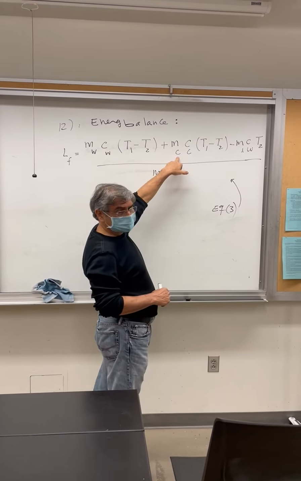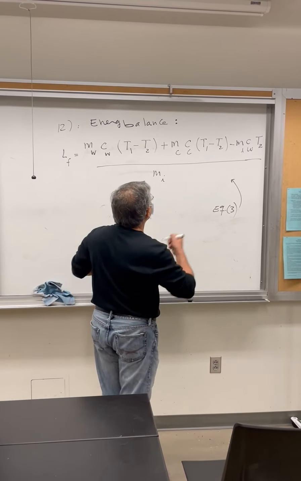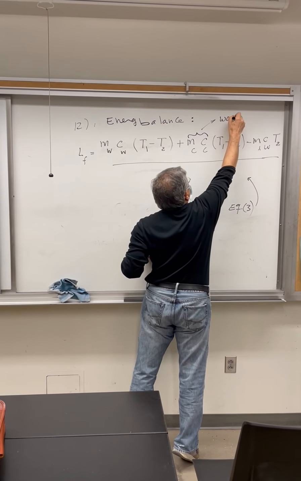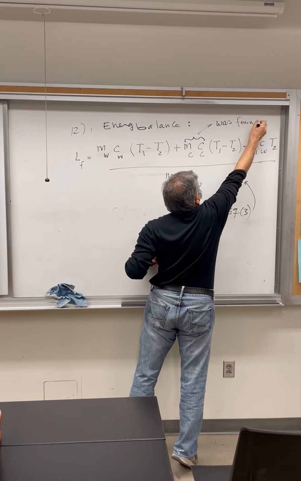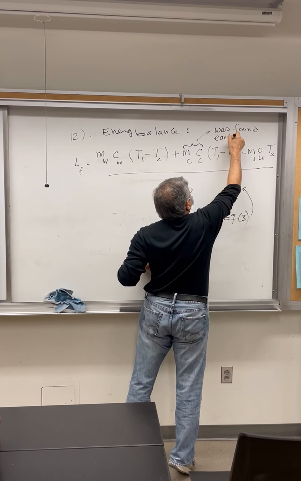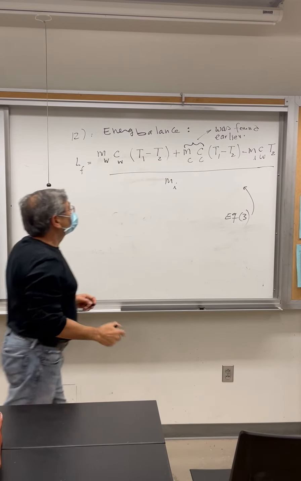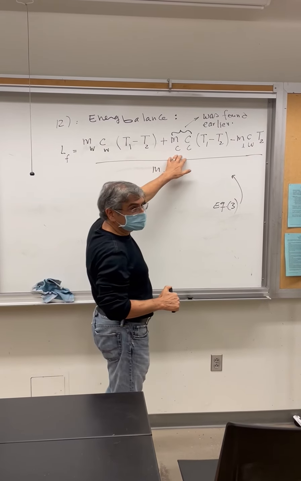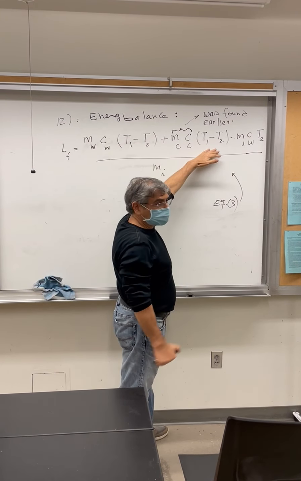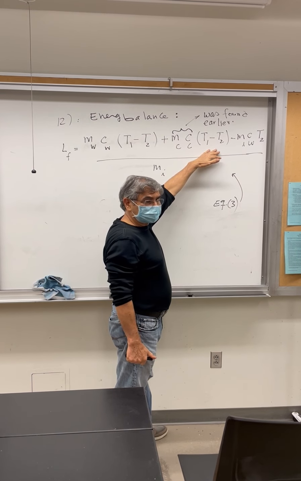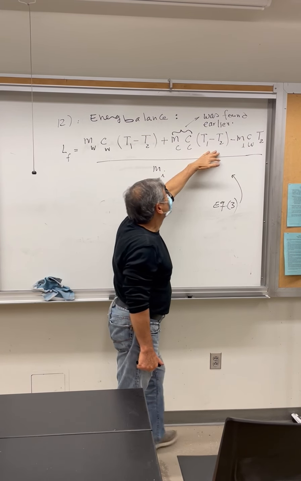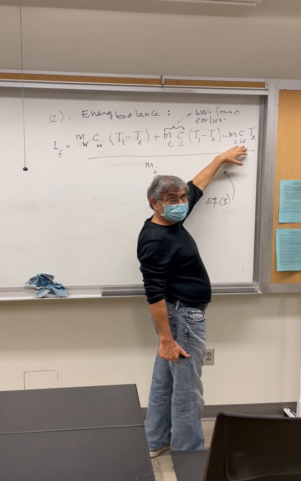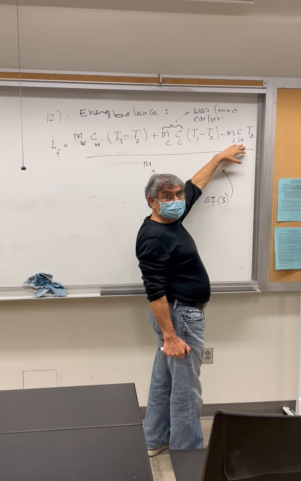mass of the calorimeter times C of the calorimeter, right? Remember, this combination was found earlier. So that is the contribution, basically, of the calorimeter to losing heat. And then this is the amount of heat which was absorbed by the ice.